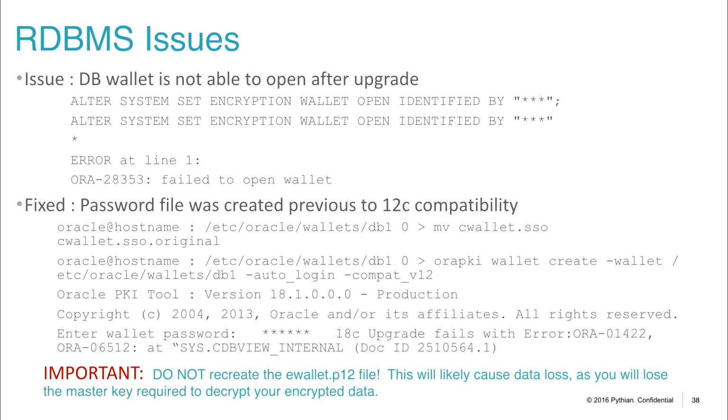So the way we did it was we moved the .sso file, we recreated it, and once we did this, we were able to bypass this. Now, very important when you're recreating your .sso, never remove the P12, because this is the master key of your data encryption. So if you remove this, you're basically going to have data loss. So be very sure that you never remove that file.